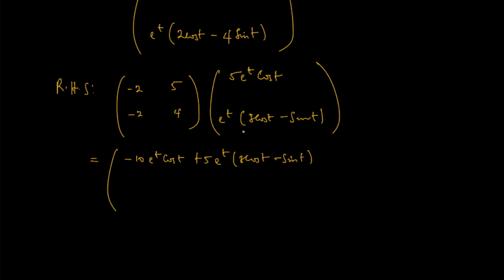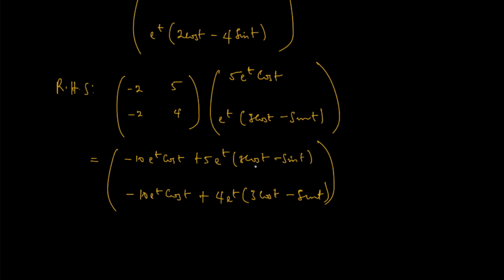And then this times this, so we have -10e^t cos t plus 4 times this, so we have 4e^t times (3 cos t minus sin t).